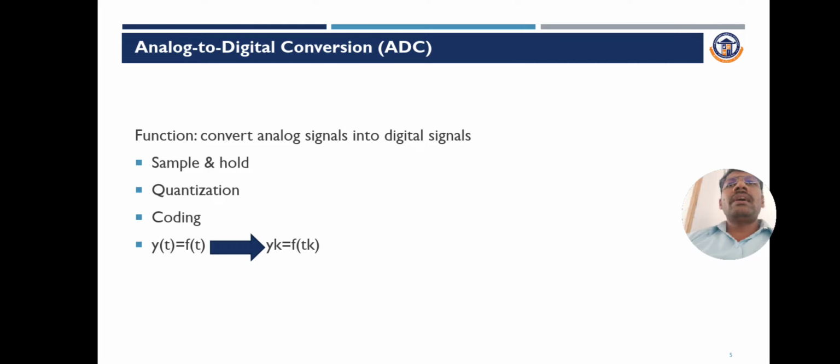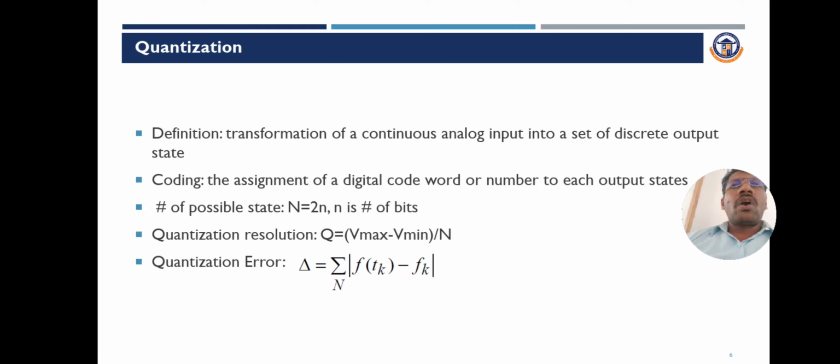The processes involved are sample and hold, quantization and coding, and the final output is the processed analog to digital result. Quantization is the transformation of a continuous analog input signal into a set of discrete output states. Coding is the assignment of a digital code, word or number to each of the output states. The number of possible states is represented as 2 power n, where n is the number of bits.